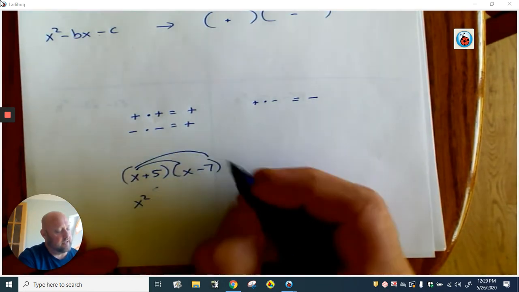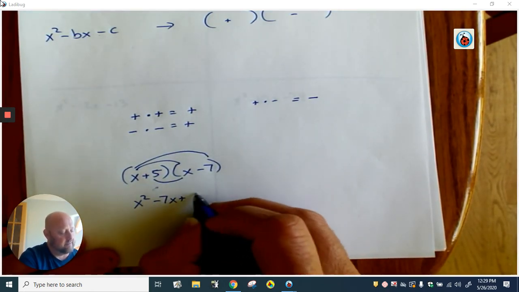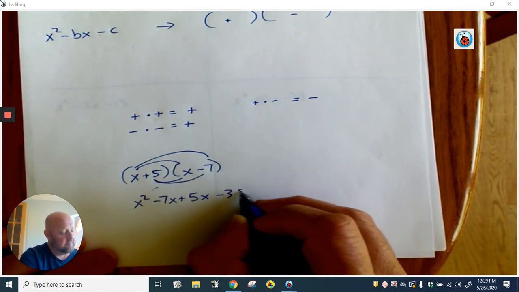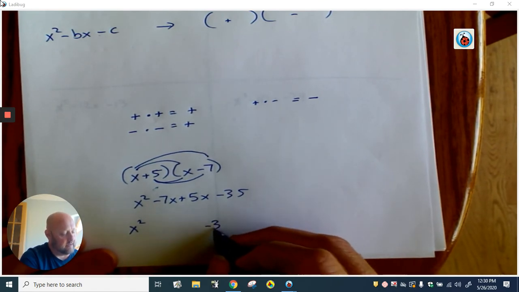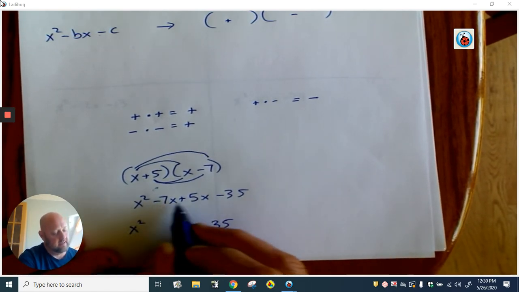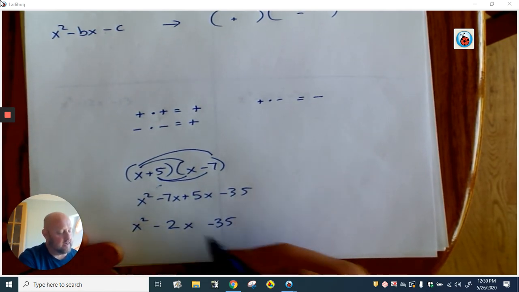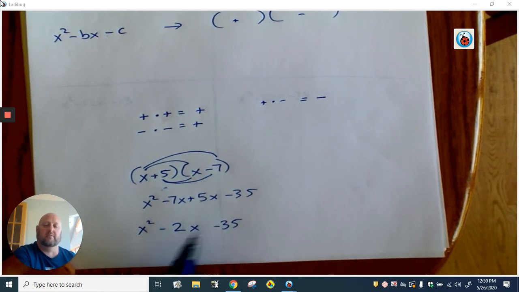I end up with a negative 7x and then a positive 5x. And then again, we get our negative 35. So I've got my negative C value. And here, when I combine those, I'm going to end up with a negative 2x.